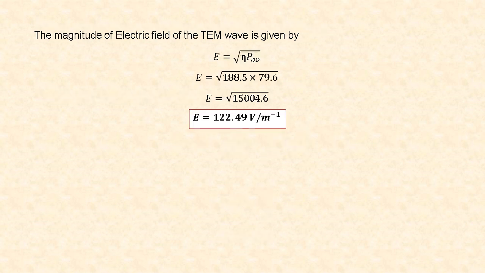From the formula of average power density, we get the formula for magnitude of electric field of transverse electromagnetic wave as E is equal to square root of eta into P average.